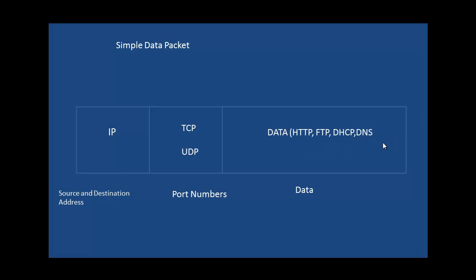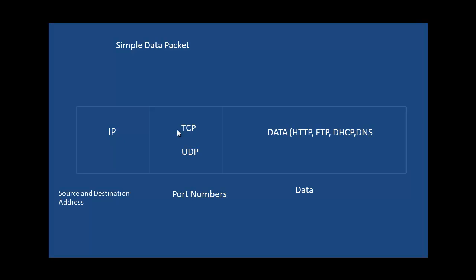And the trailer is part of the packet that looks at errors. So for the IP header, we have the source and the destination address. And then for the TCP or UDP, we have the port numbers. And then there is the data.